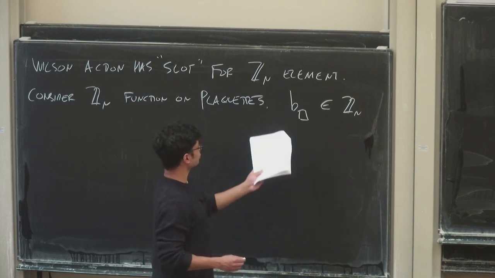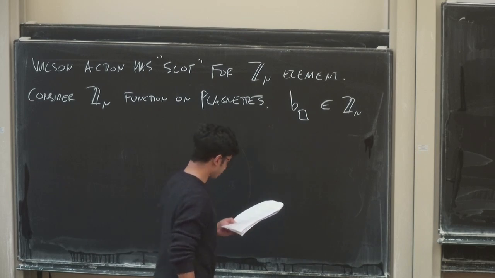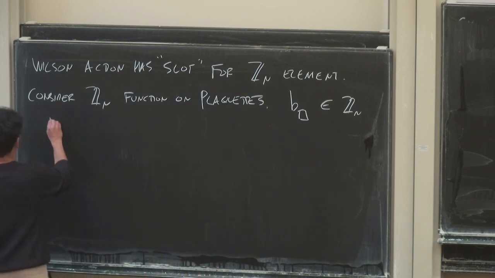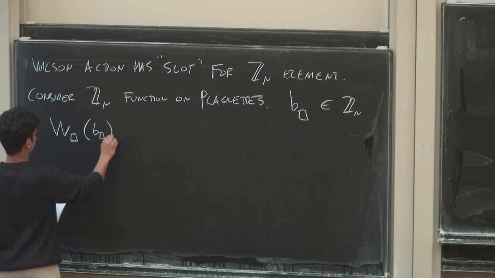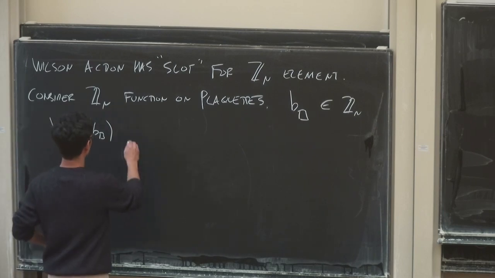Now, there is a way to incorporate this B sub plaquette into my lattice action, and that is the following thing. Previously, when I worked out my W plaquette, I just took the trace of all the group elements in a little plaquette. And notice I can do the following thing.